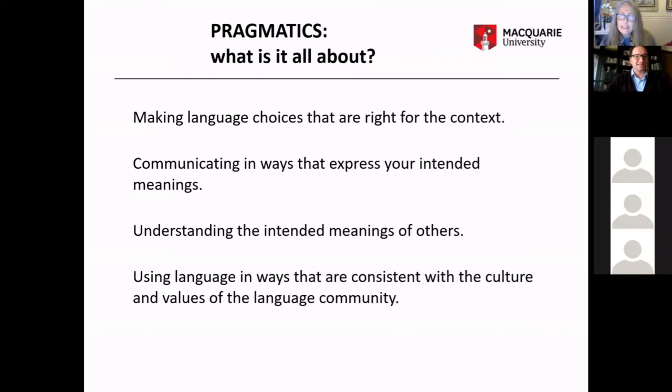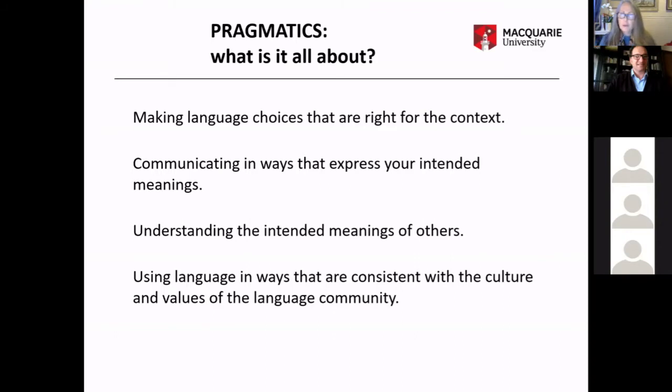And finally, it's using language in ways that are consistent with the culture and the values of the language community. So our culture is very important for our language, for the language that we use and what's considered to be appropriate in different situations.